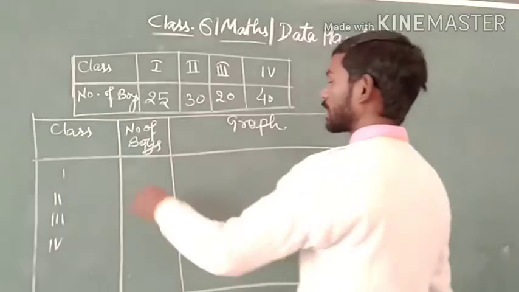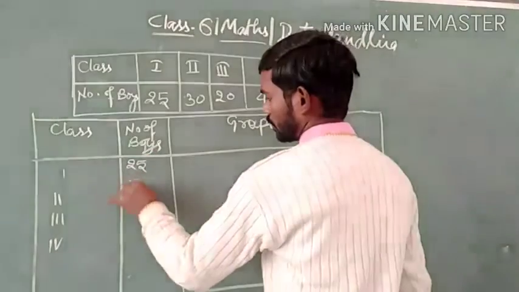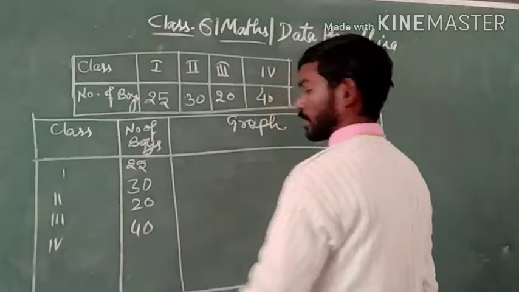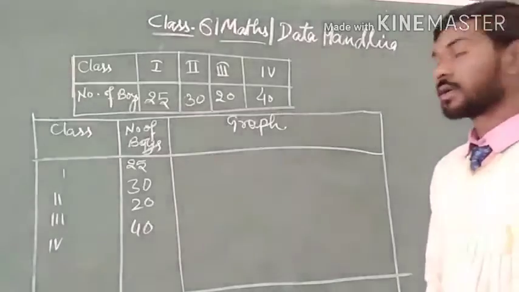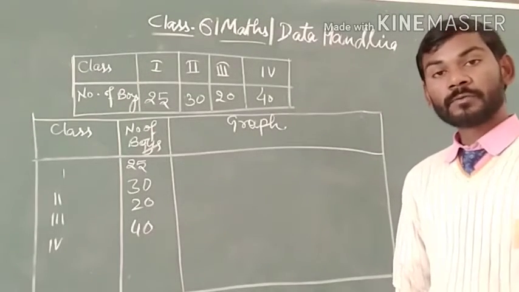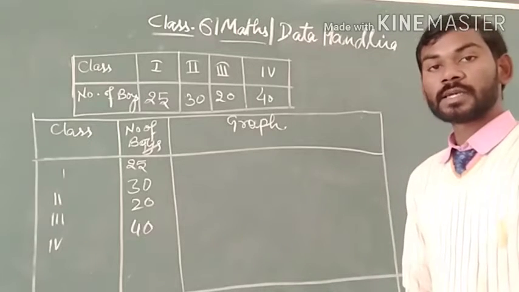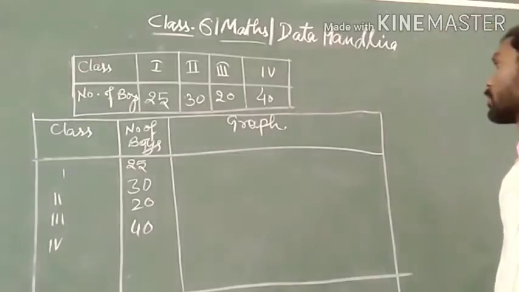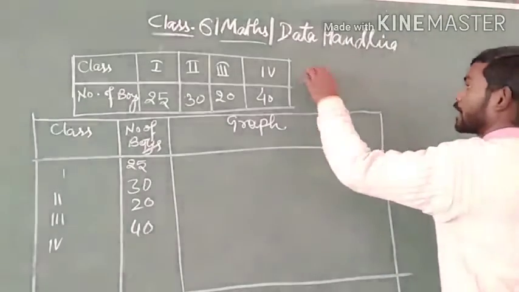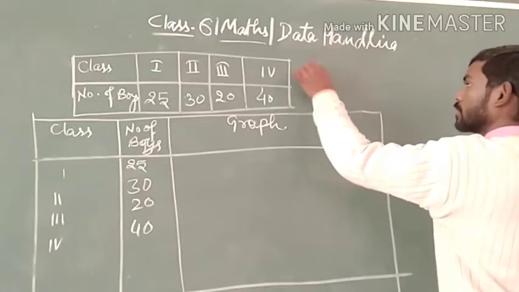In class first the number of boys is 25, then 30, 20 and 40. One more thing is to give the reference, which means which picture you are taking to represent the data and what its scale is. Here I am taking a picture like this.